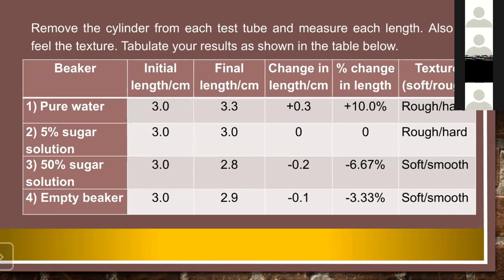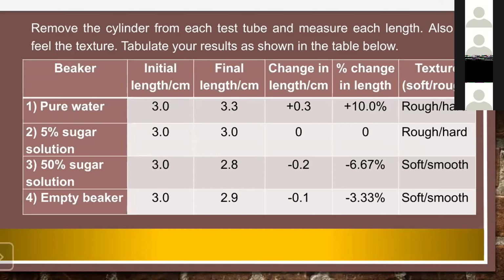They don't look fresh. That is precisely what is happening here. So when you cut the tissue and you leave it exposed, it is going to lose water to the surrounding by evaporation. Therefore, in the end, the length of the tissue is going to reduce.